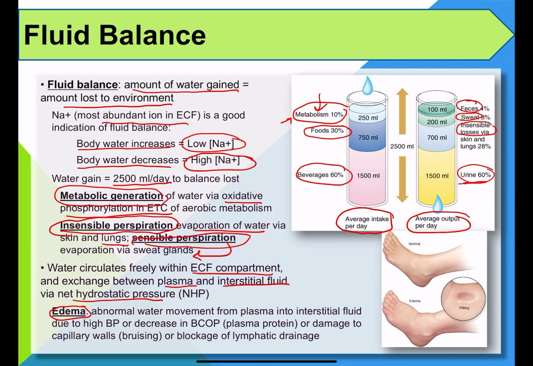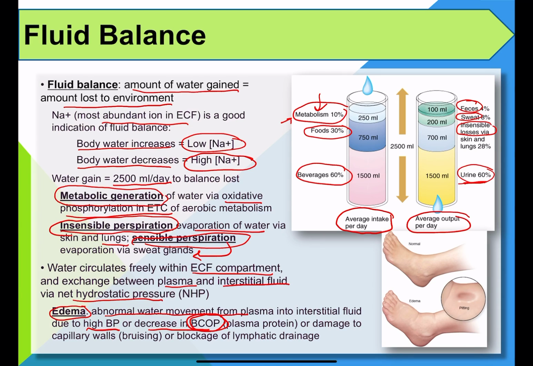Again, this is due to an increase in blood pressure, or abnormal water movement in the case of decreased BCOP. Remember I said starvation. We talked about that in the blood vessel chapter when we went into detail about capillary exchange. So either high blood pressure or a decrease in BCOP.